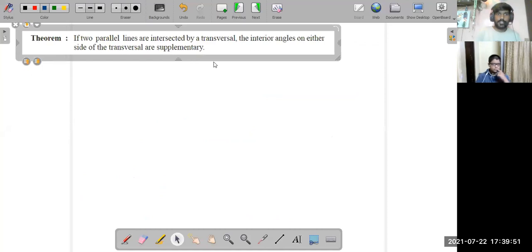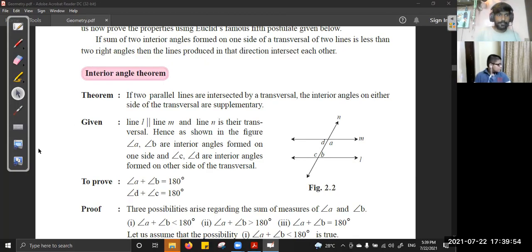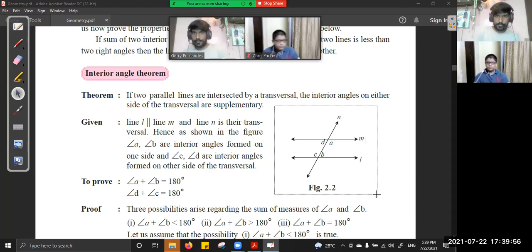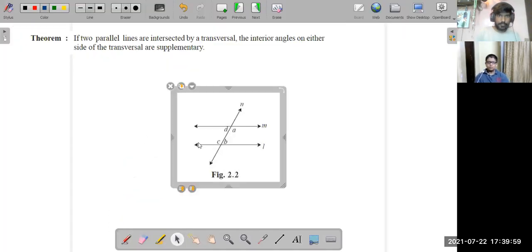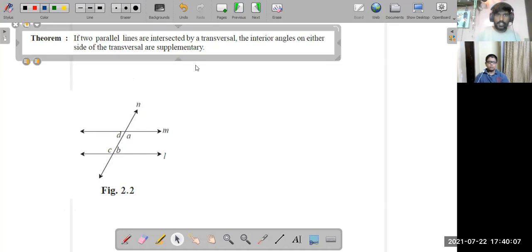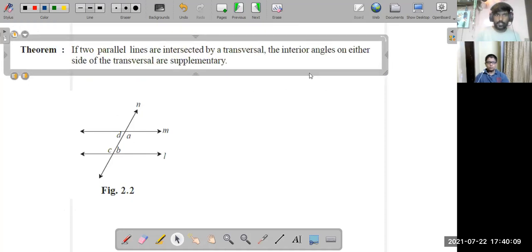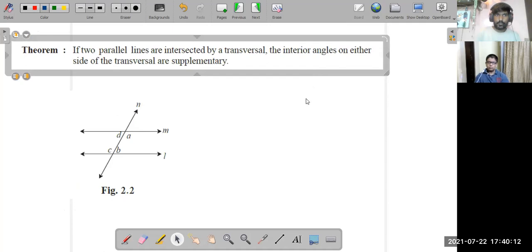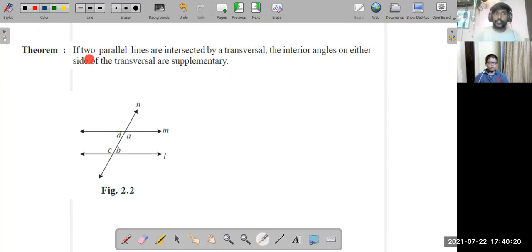So this theorem says, let's first understand the statement. If two parallel lines are intersected by a transversal, look at the figure.